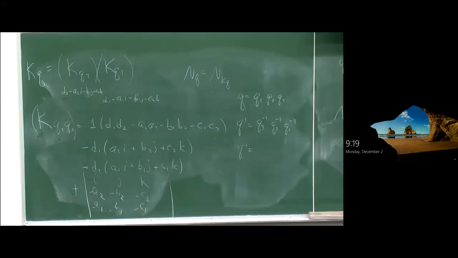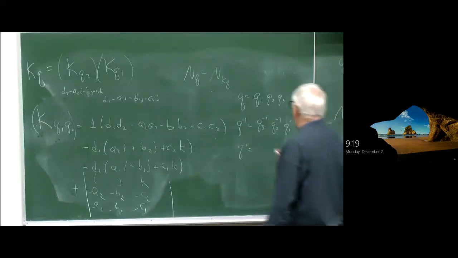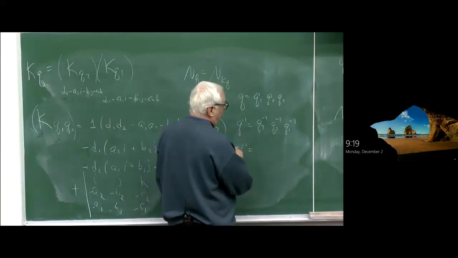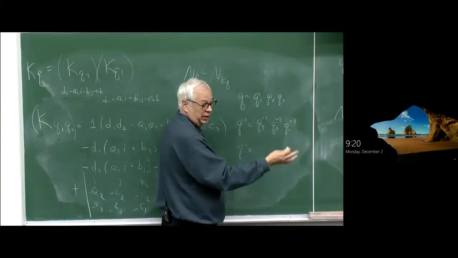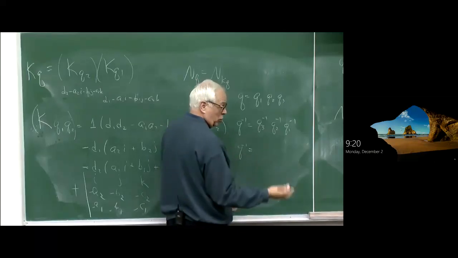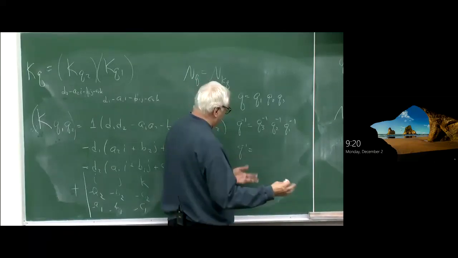The inverse of Q may be written as, oh, I don't even have a proof in the book. It says the inverse can be written as, oh, we know how the conjugate of Q would be the conjugates in opposite order. The norm is a scalar, so it doesn't matter about the order of that.